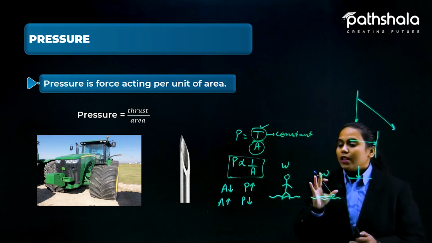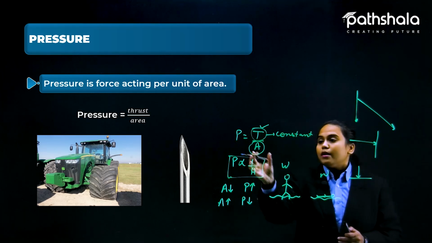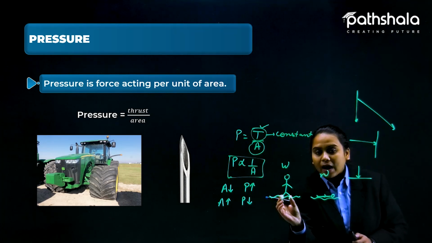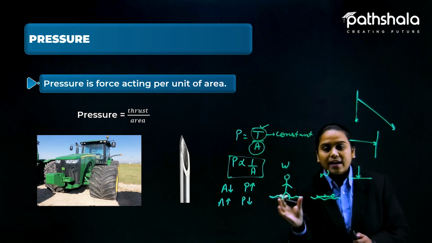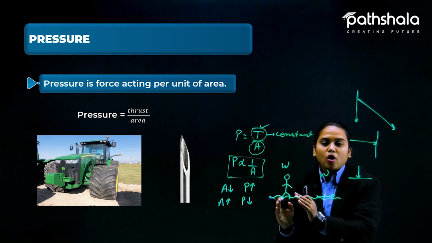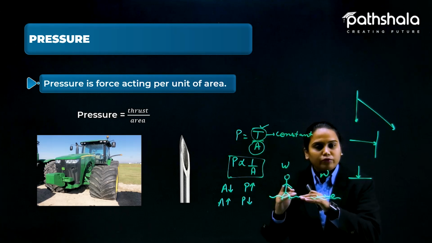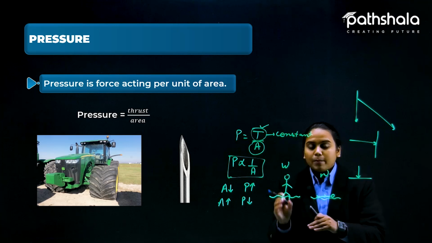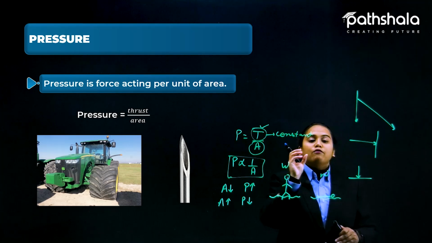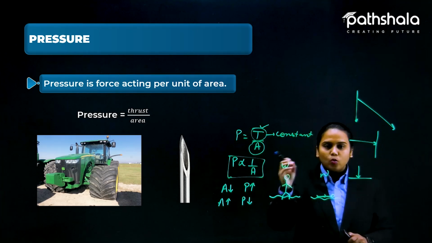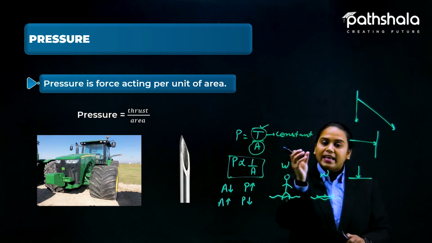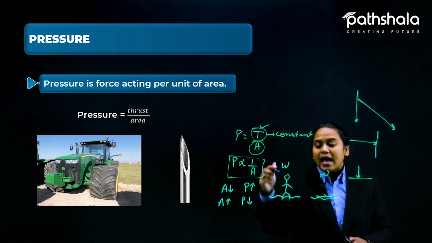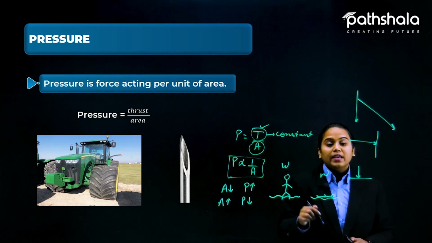Now in the first case, the area is very small, only the feet are in contact with the sand, so all of the weight of the body is on the feet. So you get more pressure, because the area is limited and the force is constant, and that pressure will let you sink into the sand.